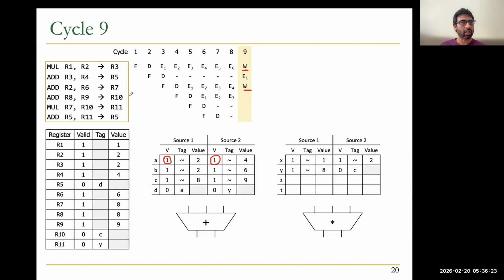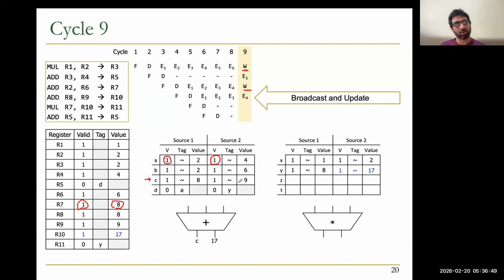And we have already updated its register R7, right? See, it had the correct value. Okay. And the add enters the E4. So when it completes execution stage 4, it broadcasts and updates the tag and value, right? So this was our third add instruction, this one, right?